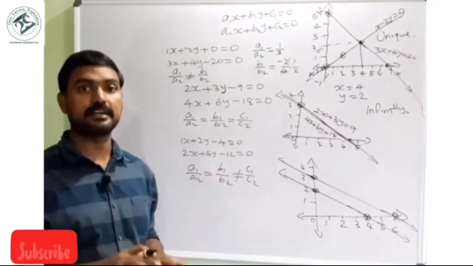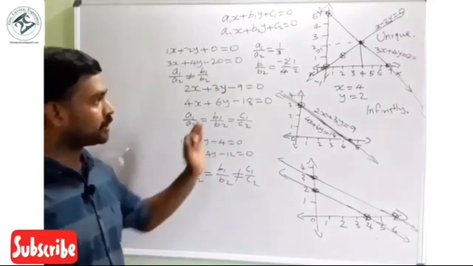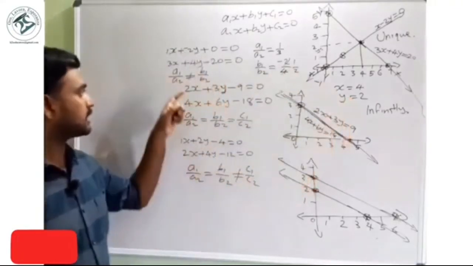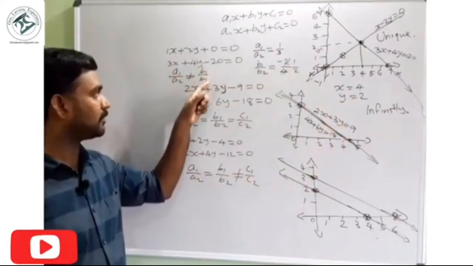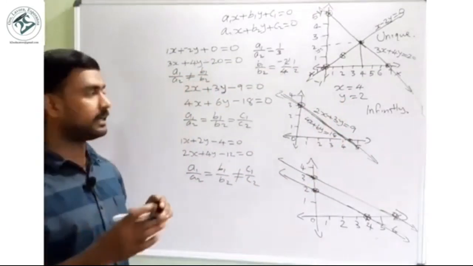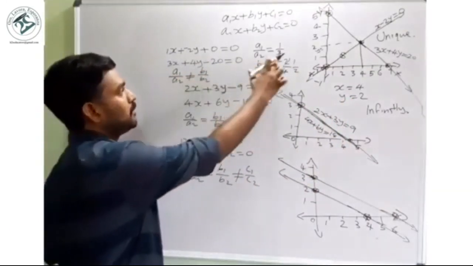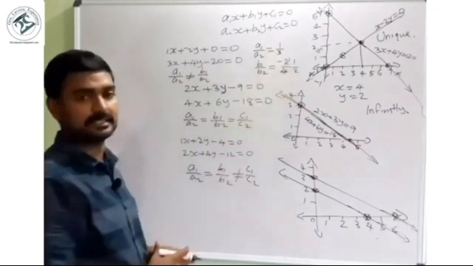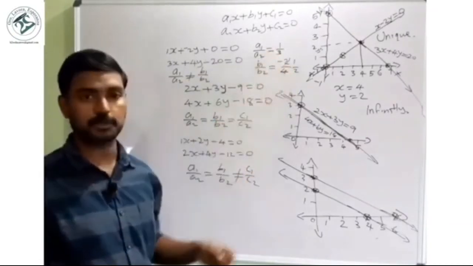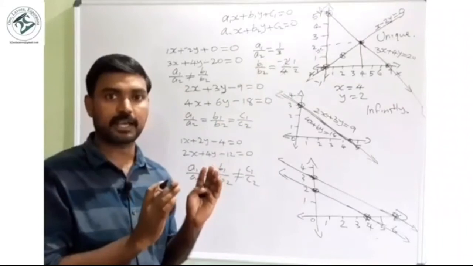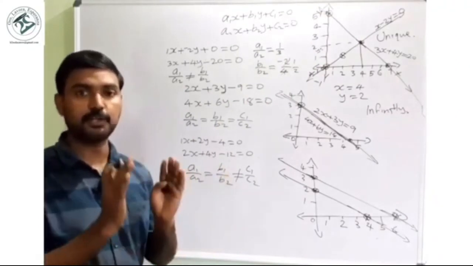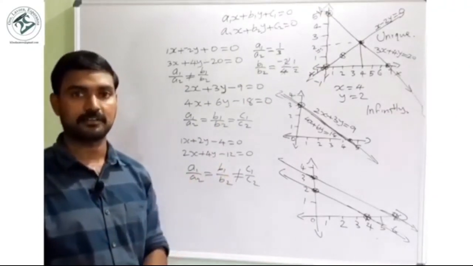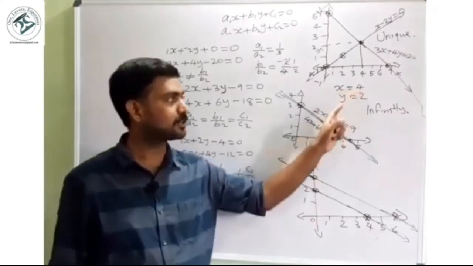Now what we studied: before we go to draw the graph, we can check the values a1 by a2, b1 by b2. If you get different answers for a1 by a2 and b1 by b2, here we got 1 by 3 and minus 1 by 2, then only there will be a unique solution. That means you will get x and y, the correct answer.